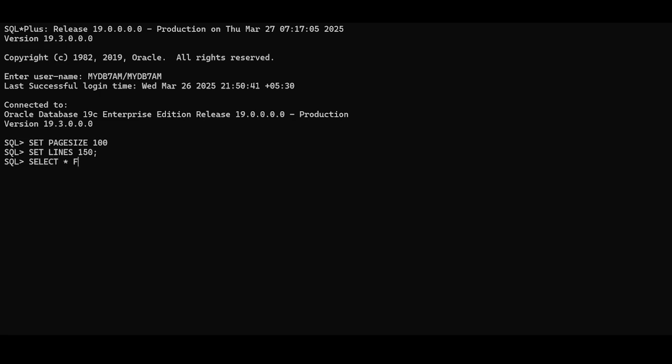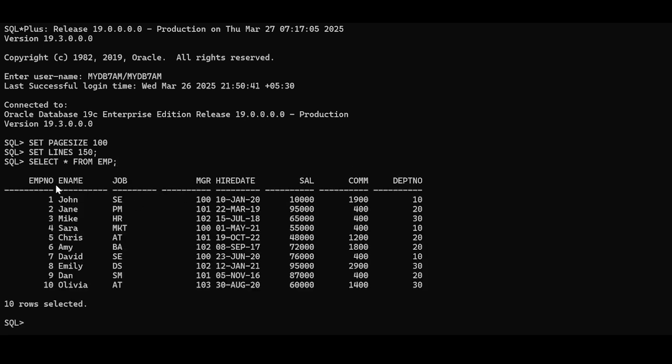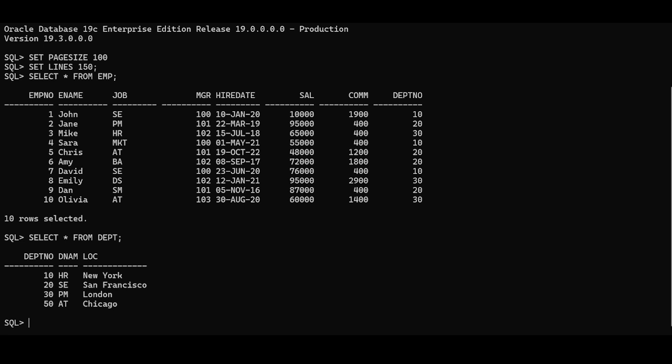Select star from EMP. This is the employee table, right? Select star from department. So this is the department table.